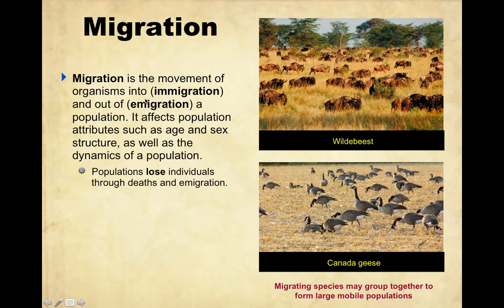And it's going to essentially affect all the various factors for population. Okay, so if a population loses individuals, it could be from death or emigration. If they gain individuals, it can be from birth or immigration. We're going to do some population math down the line, and these come into play quite a bit.